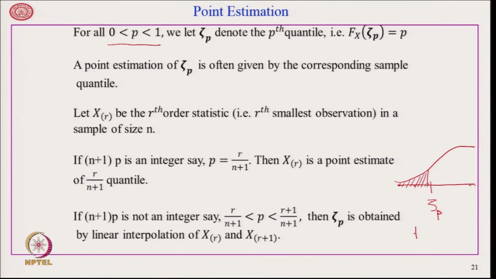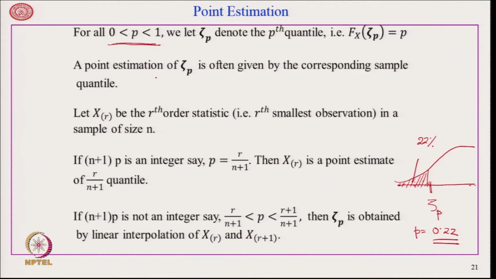Therefore, if p is equal to say 0.22, basically what we try to identify is the point such that the proportion of observations below that is going to be 22%, and that is true for all p between 0 and 1.